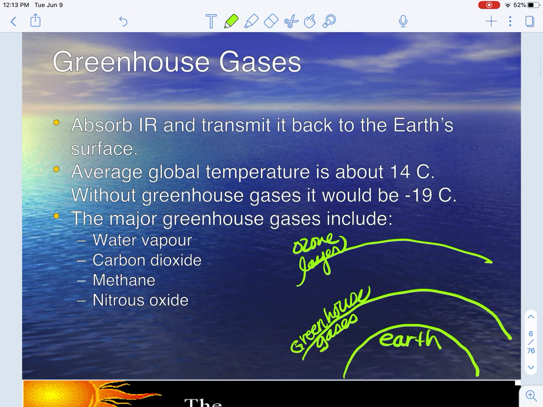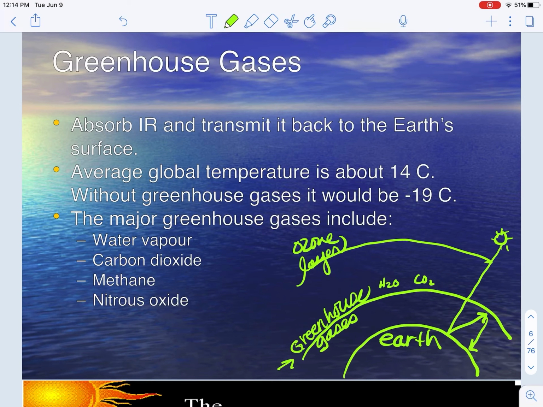So greenhouse gases, I just drew on this slide to start off with, realizing that where we are on Earth, there is a greenhouse gas layer. Surprisingly, some people don't realize water is part of that, but water is a greenhouse gas, carbon dioxide is a greenhouse gas, methane, nitrous oxide, and several others.